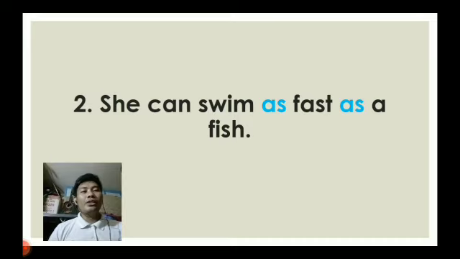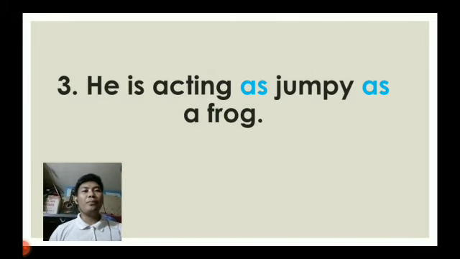Number two, she can swim as fast as a fish. Again, it compares two different things: she, and a fish. Number three, he is acting as jumpy as a frog.